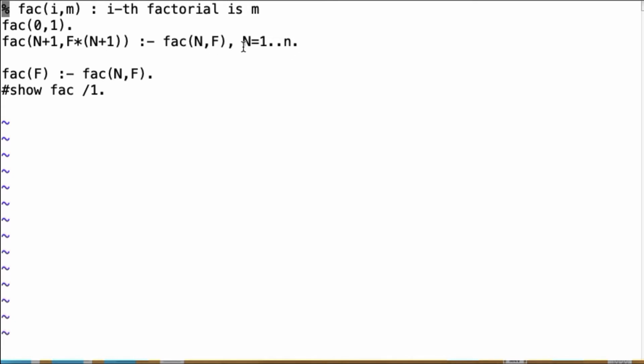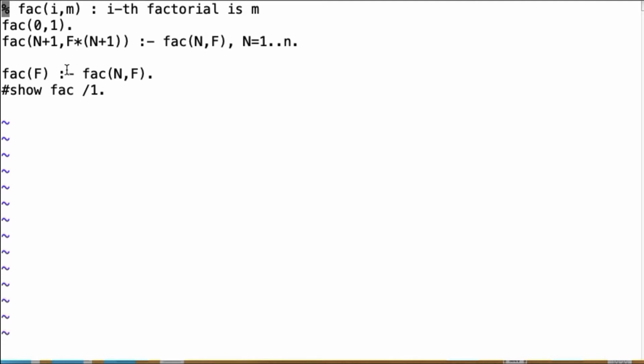Here n goes from 1 to n, and the nth factorial is f. Then the n plus 1 factorial is f times n plus 1. So f is the previous factorial, on n factorial, and then you multiply by the next one, n plus 1. Are we together? Any question? N plus 1 factorial is n plus 1 times n factorial. That's what the second rule is saying.